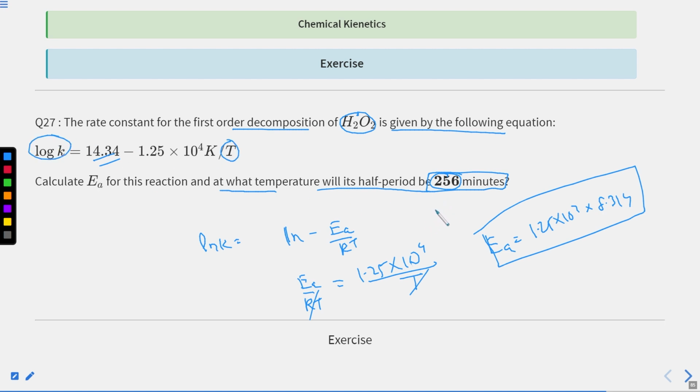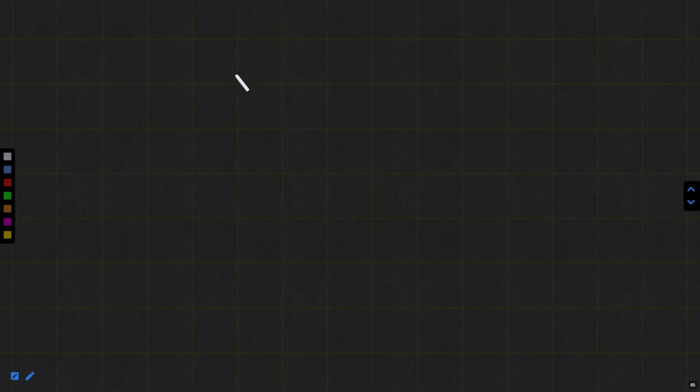Now it is given that the half-life period is 256 minutes, and since it is a first order reaction, K will be equal to 0.693 by 256.